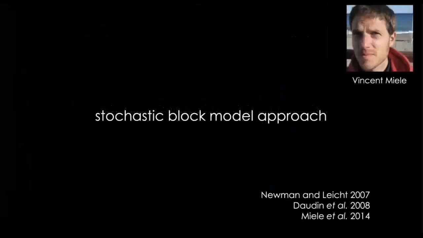To address that question, my colleague Vincent Miele developed a stochastic block model approach applied to this network. The idea is to group species based on their connectivity pattern across these 3 dimensions: the trophic, negative non-trophic, and positive non-trophic. I'll try to give you an intuition of what that algorithm does.